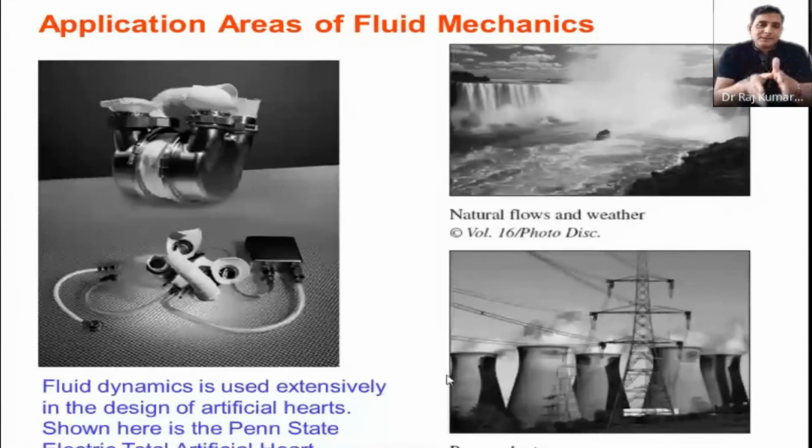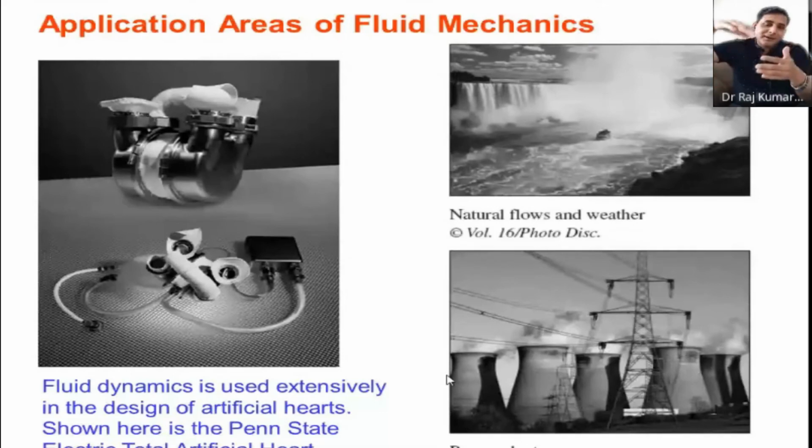Because if it just comes out of the column and falls nearby, you are polluting your own plant. So you have to give sufficient height to the chimney or tower. After that, it should go further up, then disperse completely over a very large area so that the density of the pollutant can decrease.